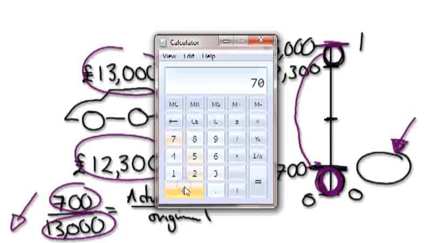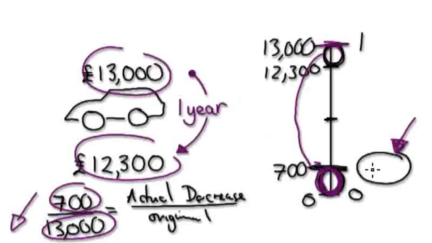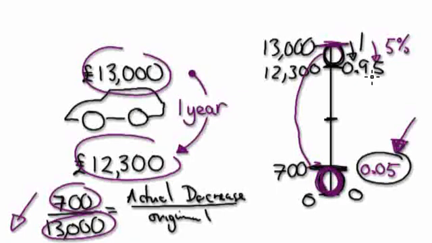What is it? 700 divided by the original 13,000 equals 0.05. So you've lost 5% of the value of your car. Which means this level is at 0.95. So the answer is you've actually lost 5%.